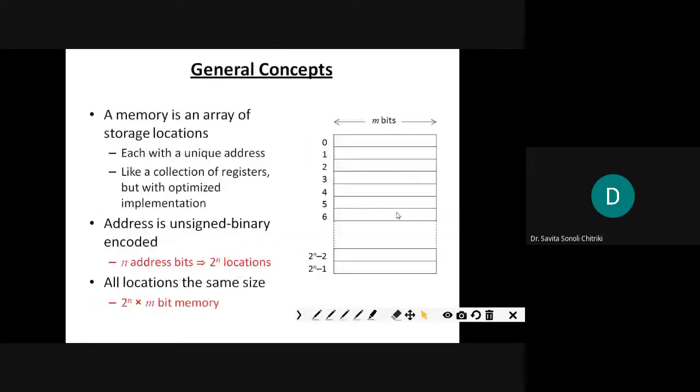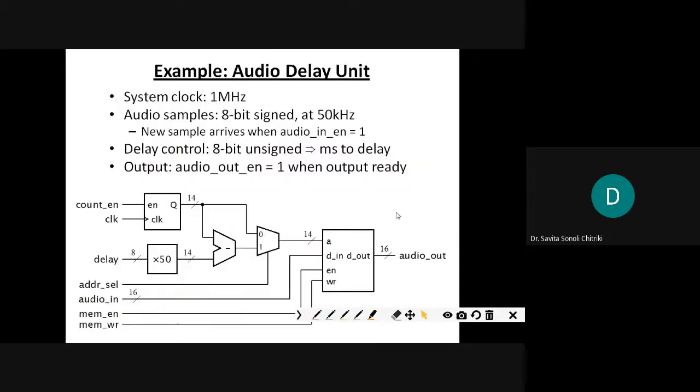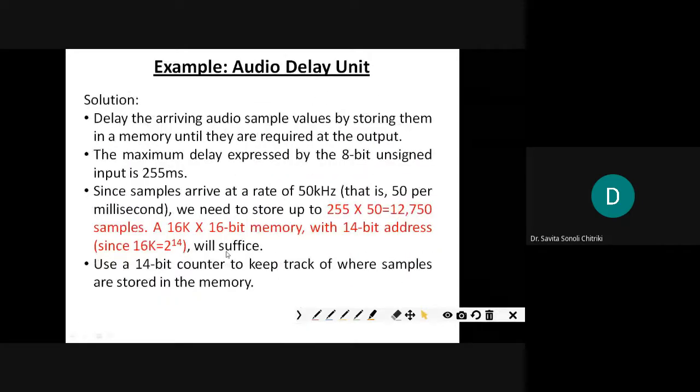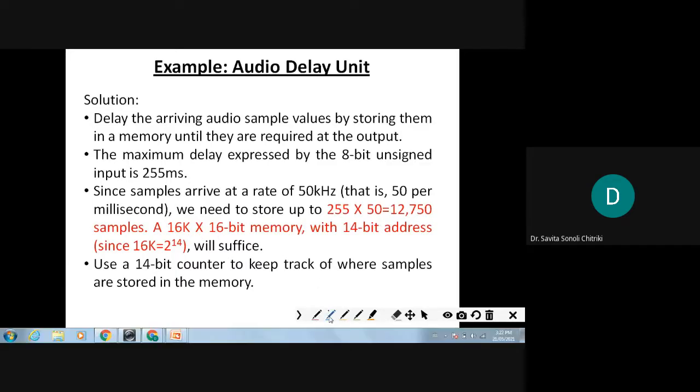We were calculating here 16K cross 16. 16K is 16 into 1024, which is 16,384. Very good.